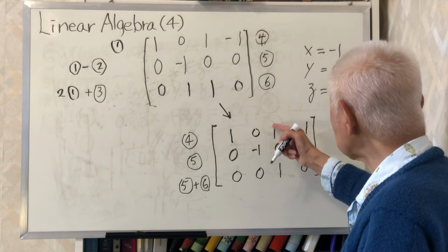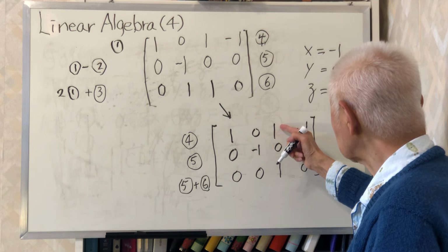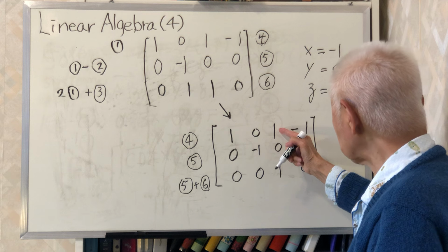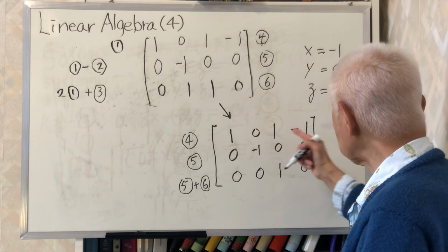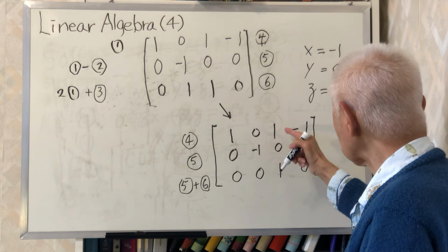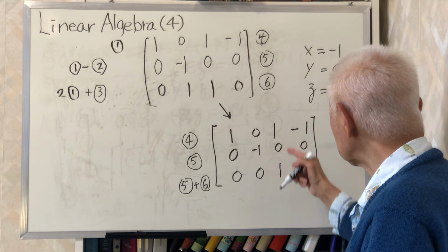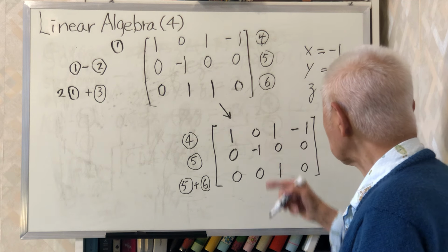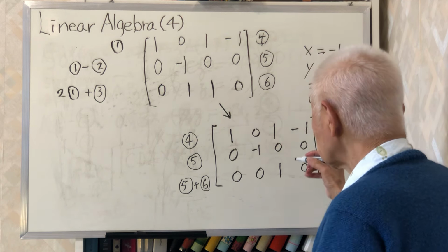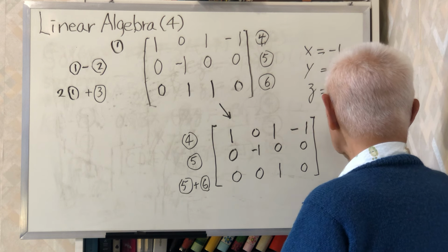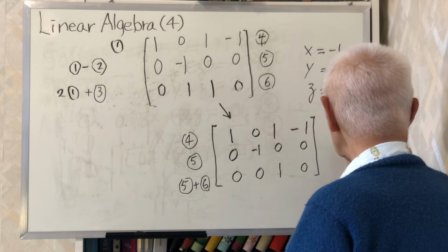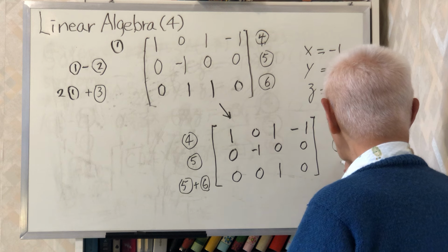Next, I want this to be 0. How do I get this 0? I use this, subtract this, because I see 1 minus 1, this becomes 0. So this is 7, 8, 9.